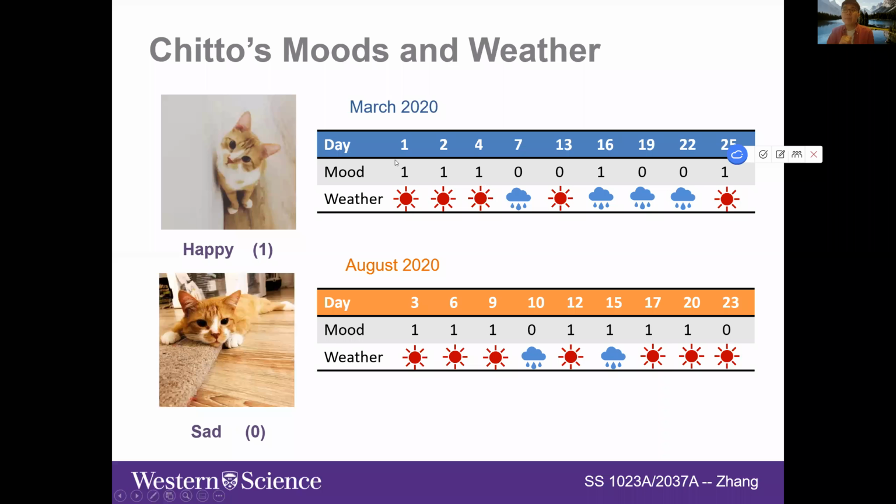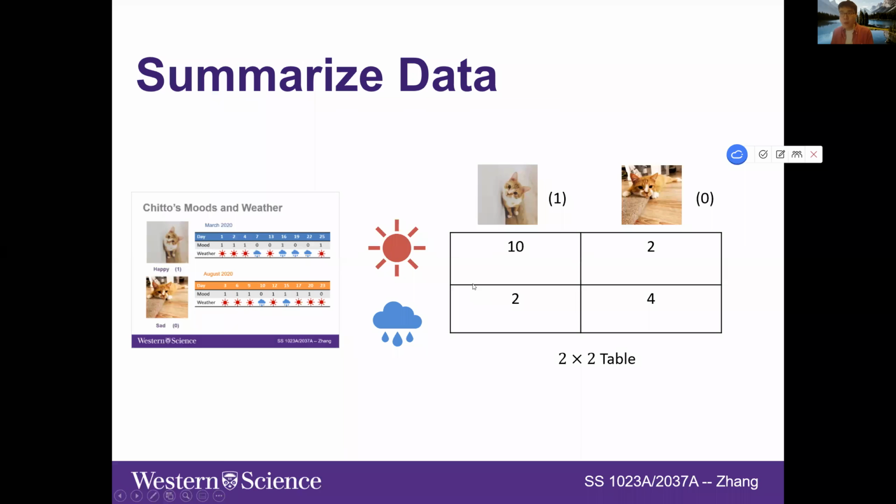This example is actually even more special because both of our variables only have two categories, right? The mood is either happy or sad, and the weather is either sunny or rainy. So both of them only have two categories, which is the most special case in the study of categorical data. What we did is, first of all, summarize all of that data in the form of this 2 by 2 table. We take a snapshot of our data set and count how many observations fall in each of the combinations.